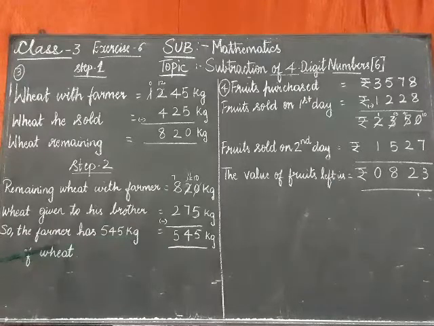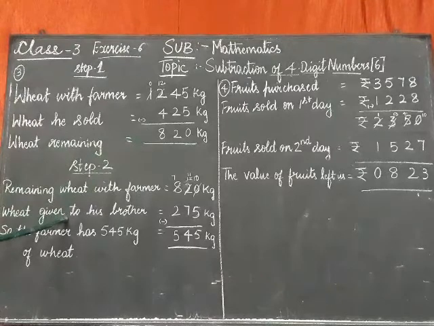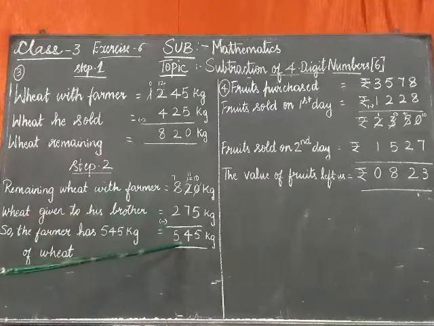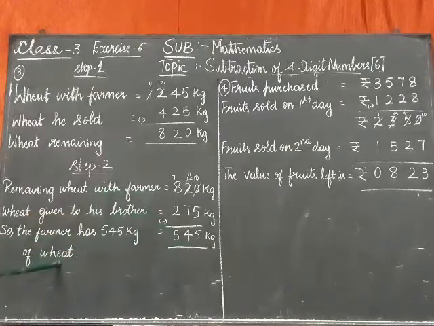Got it, students? There are two steps here. Step 1, the farmer is selling, and we got the remaining wheat with him after selling. In the second step, he is giving to his brother also. We are finding again the difference and we are getting the kgs of wheat that is remaining with the farmer.